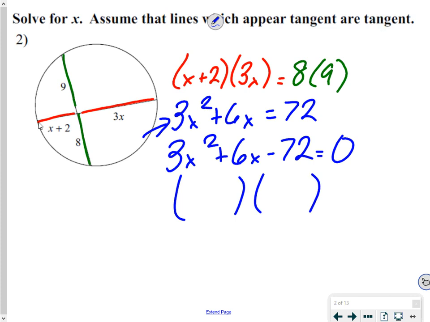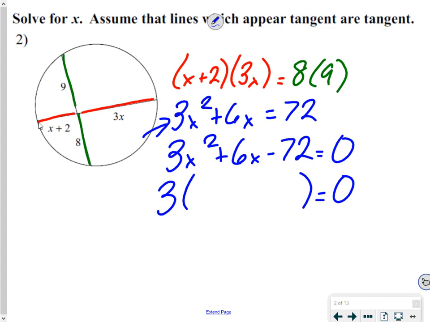All right, but that actually doesn't work in this case. If we do that, we're probably going to miss something, which is the fact that this has a greatest common factor. All right, we got to factor out that greatest common factor and then try to factor.